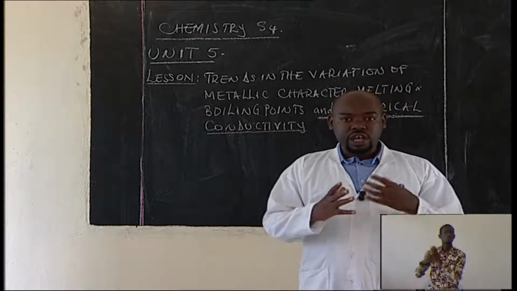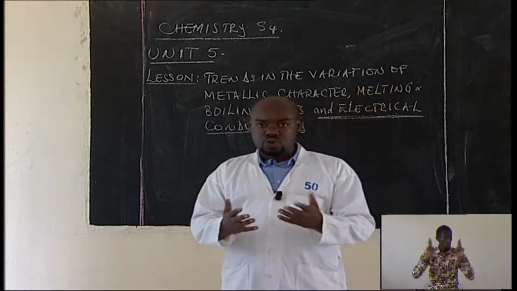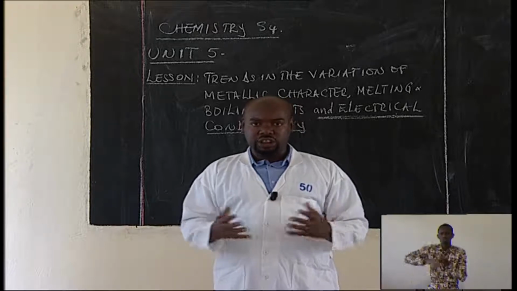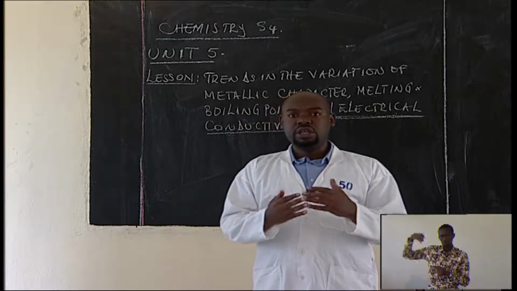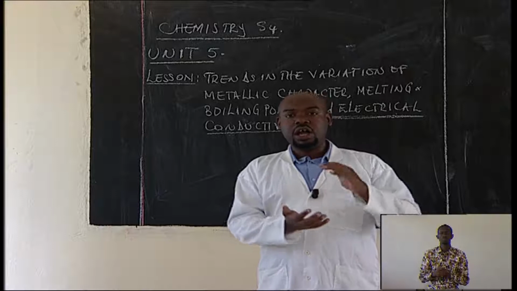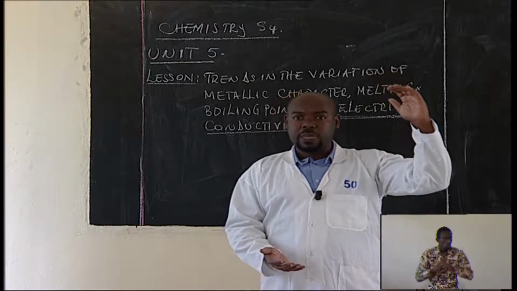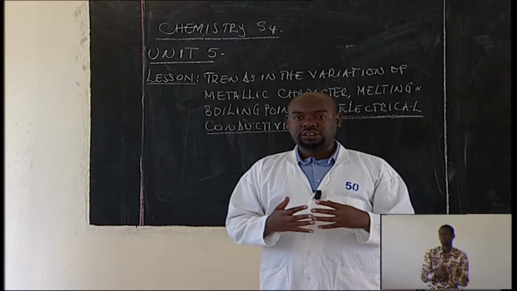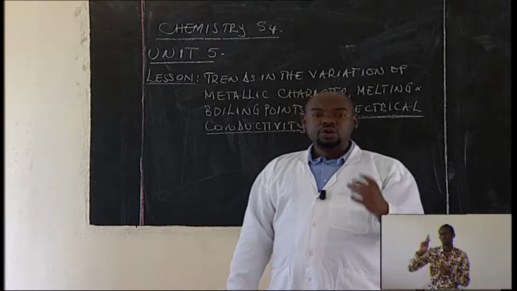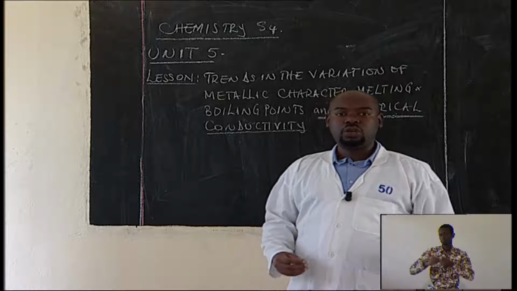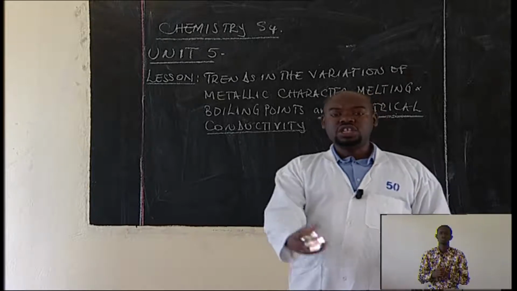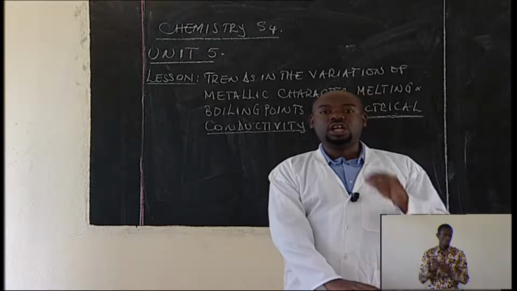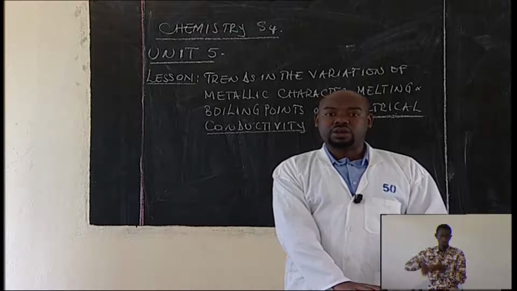So if the element is ready to lose the electrons very easily, then that element will have a very high metallic character. But if the element has a low or small tendency of losing the electron, then it has a low metallic character.